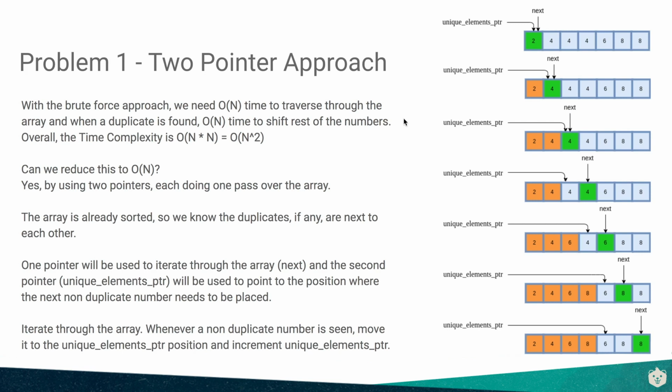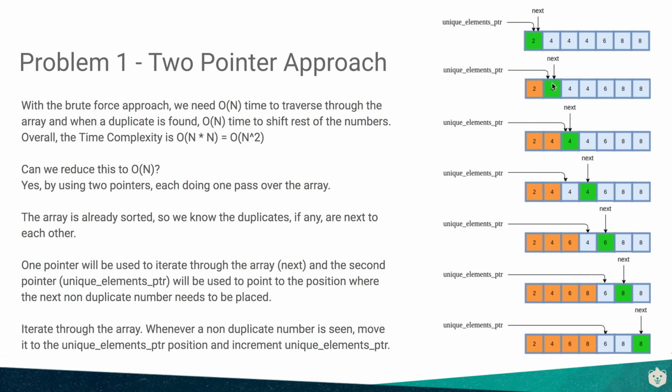And as you start iterating through the array, whenever you see a non-duplicate number, you can swap that number with the number at the position which the unique elements pointer is pointing to. Okay, so in the first iteration, the next will be here. You start off with both the pointers at the beginning. The first element is always unique, so you can directly move the unique elements pointer to the second position.